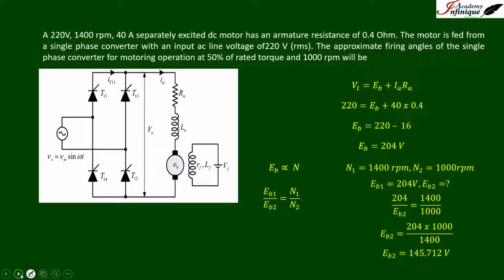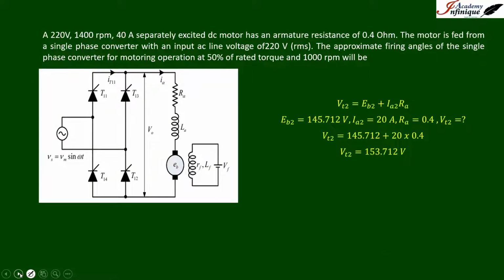Now it is required to find out the terminal voltage for case 2. The equation will be the same, that Vt2 equals Eb2 plus Ia2 Ra.